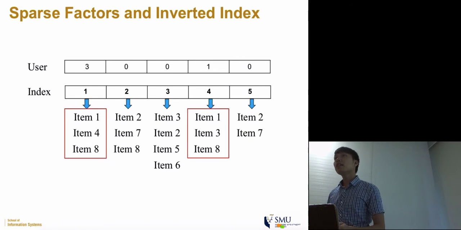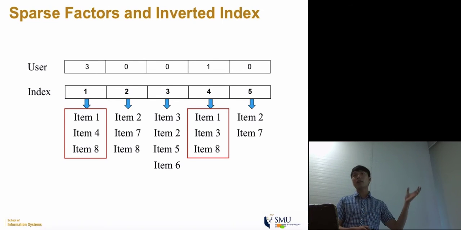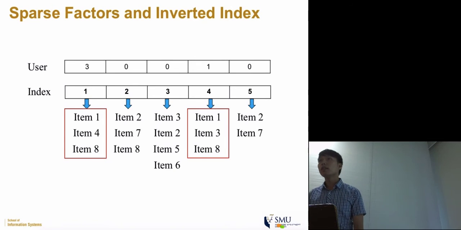Sorry? I'm just showing you an example of sparse vectors and an example of the inverted index representation. The key point here is the multiplication with 0. Sorry again? So the point here is the non-zero indexes.